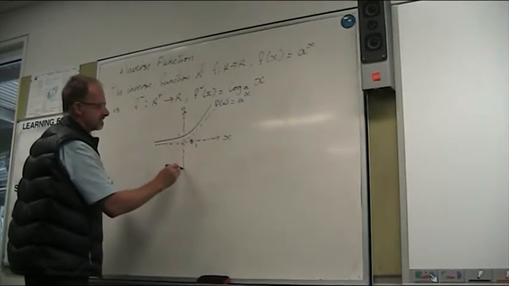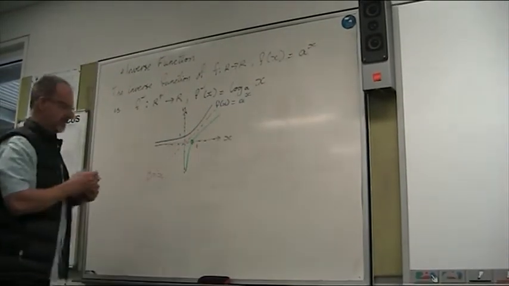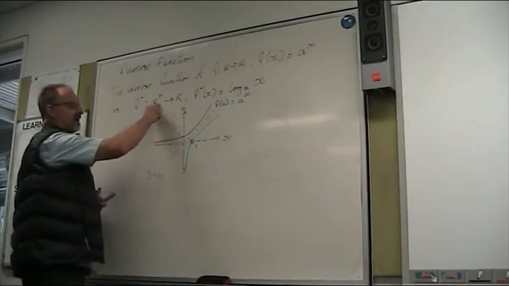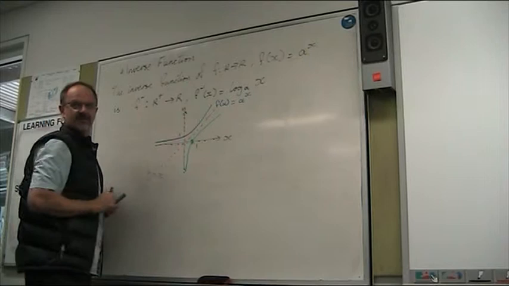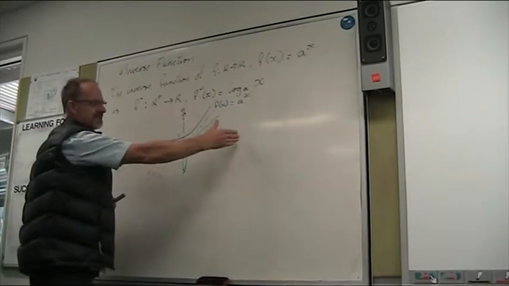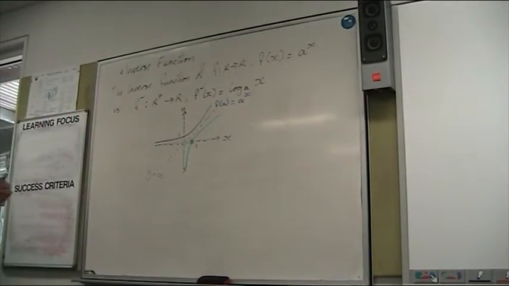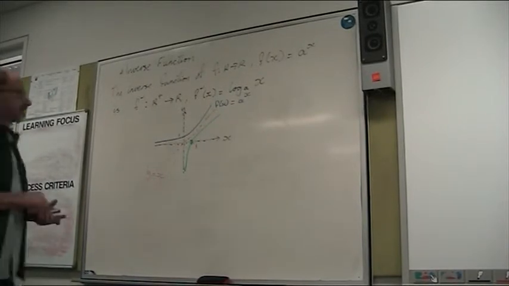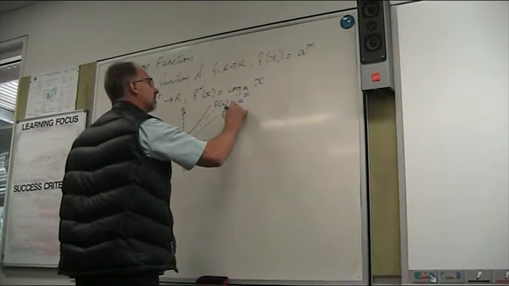So it's kind of like a sideways exponential. You asked where the R plus comes from: because it can't be negative, because of that reflection there. So the domain's only this side, not this side. And this one here is our f minus 1 of x.